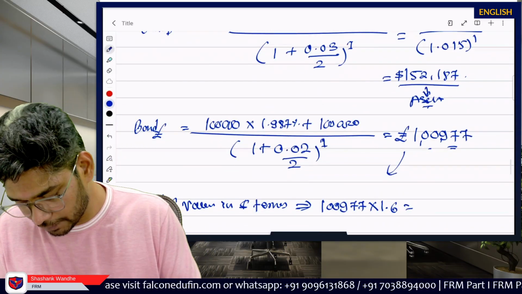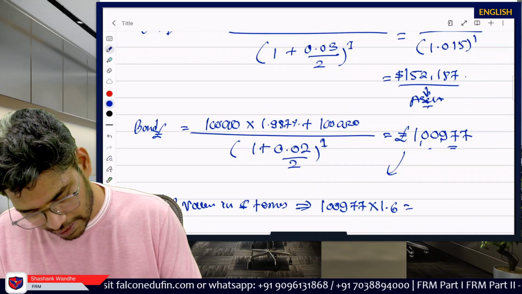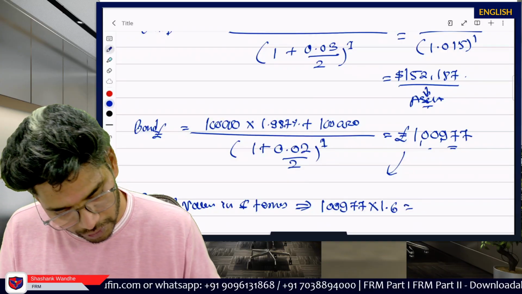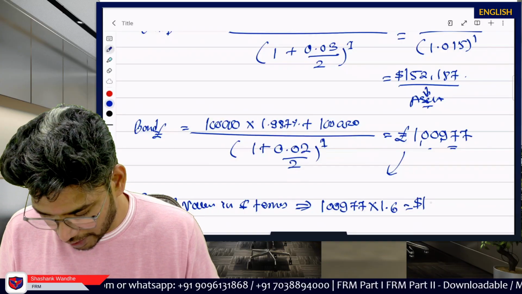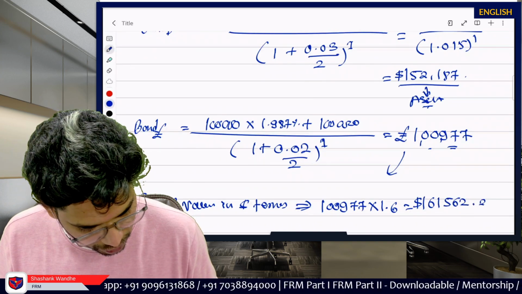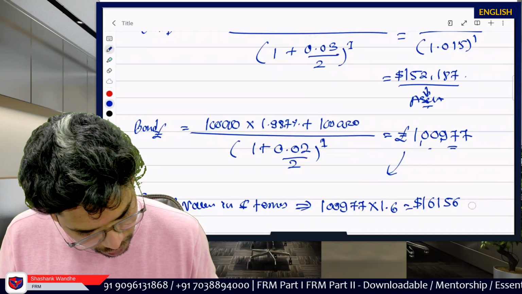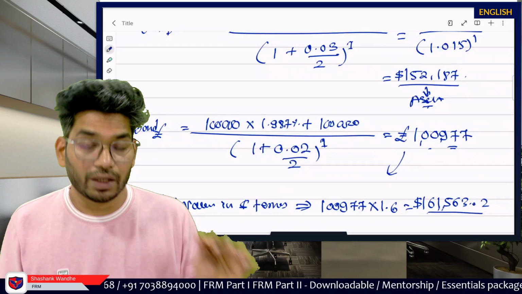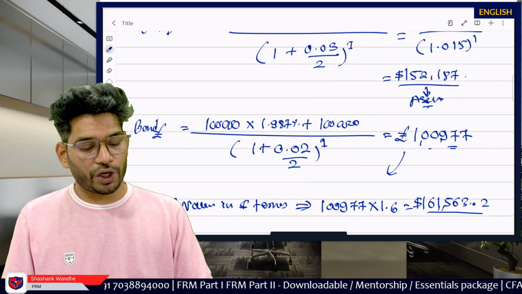This will give you the dollar. 1,00,977 multiplied by 1.6 is equal to $161,563.2.